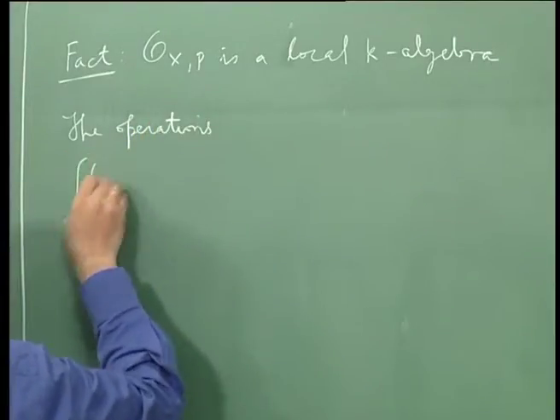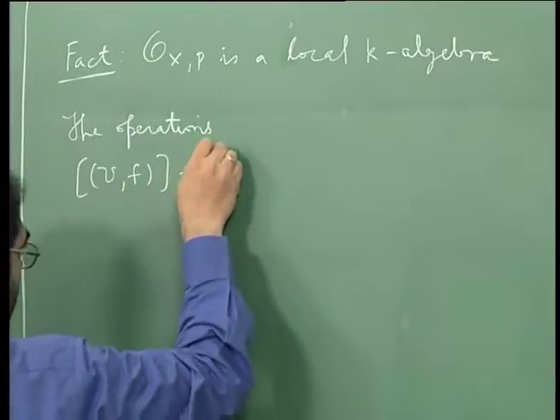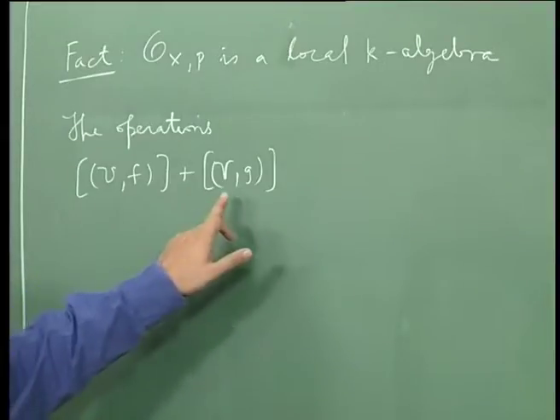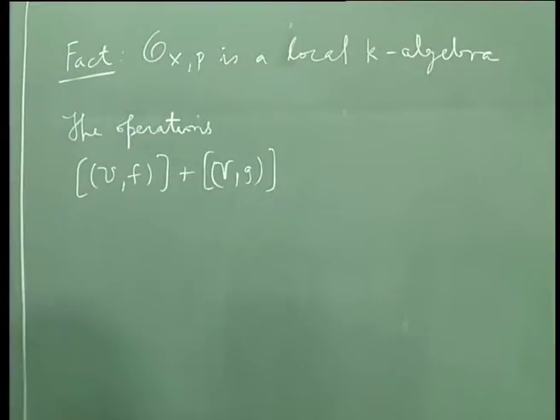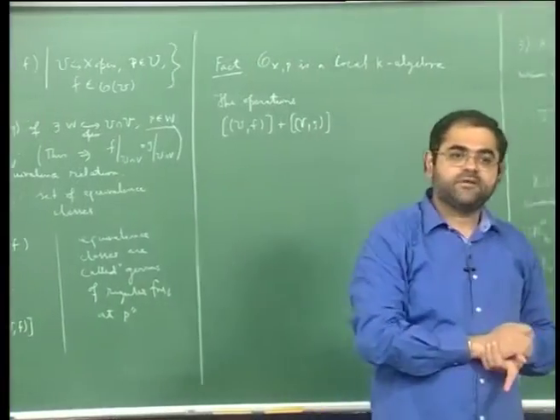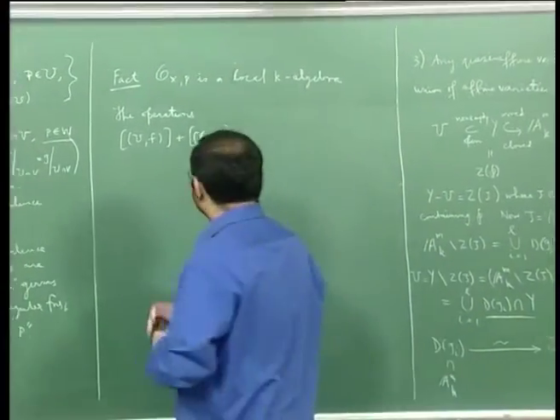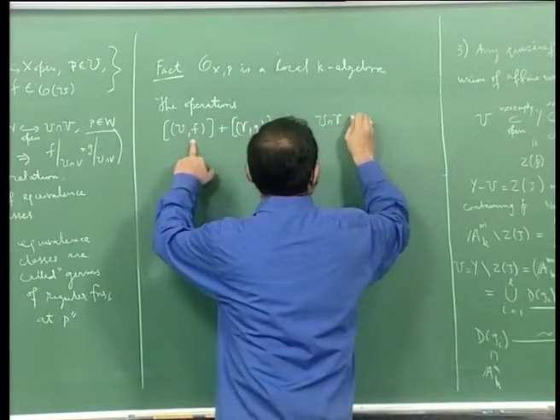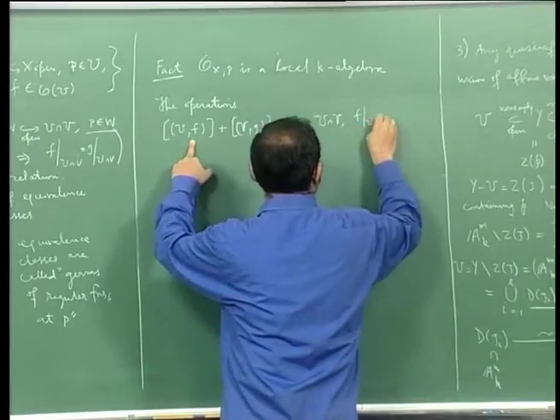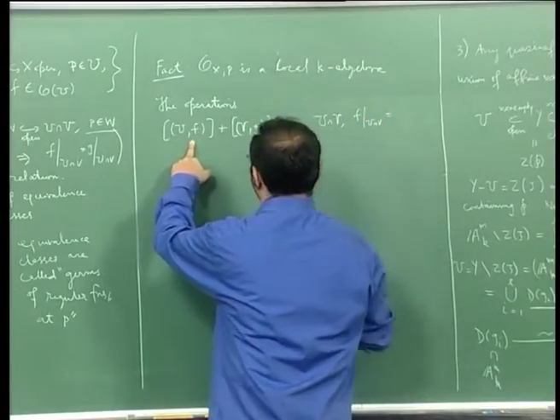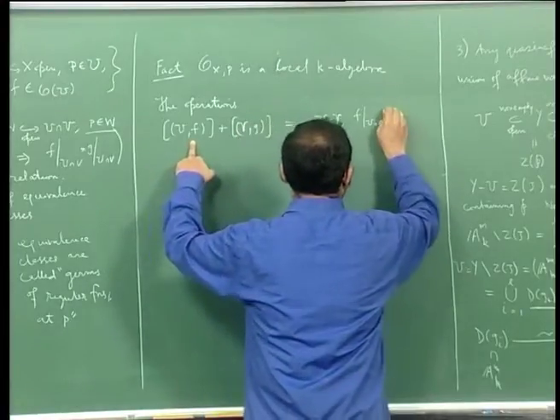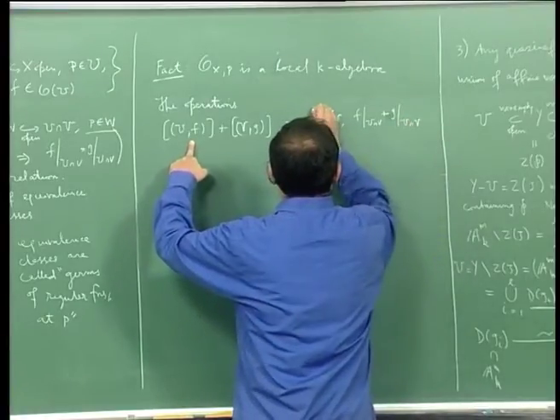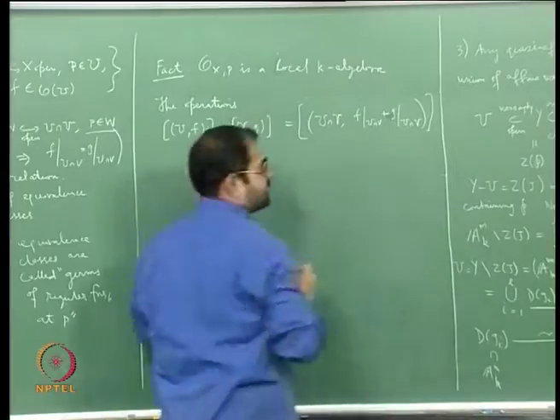So if you give me (U, f), and if I want to add it to (V, g), this is the germ of (U, f), this is the germ of (V, g). Mind you, U and V are neighbourhoods of the point P, therefore U intersection V makes sense, that is also a neighbourhood of the point P. So I will simply define this to be U intersection V and f restricted to U intersection V plus g restricted to U intersection V. So this is how I define addition.